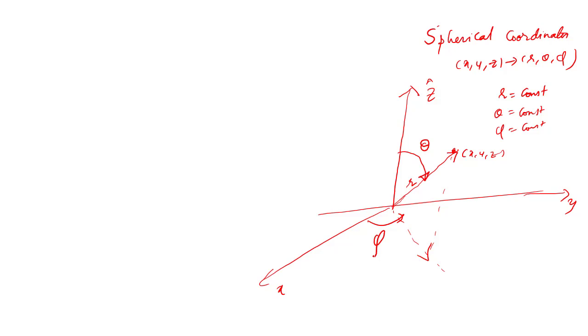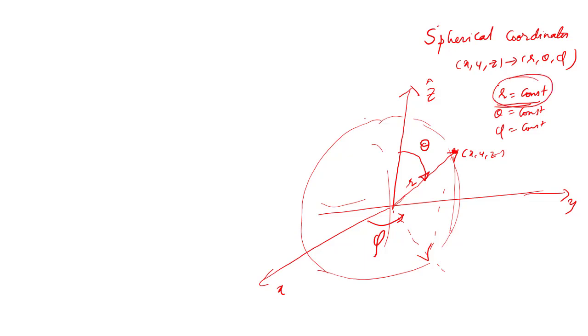Now if we look at what these surfaces are, for example, r equal to constant means you're picking a point and you want it to be constant in 3 dimensions. You can imagine a sphere of that radius r, and the surface of the sphere gives you the constant surface r equal to constant.